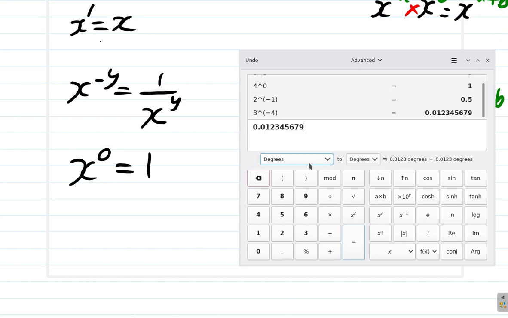Interesting. Suppose we have 1 divided by 3 raised to the positive 4. Now what would that equal? Same thing, 0.01234567. You see that?